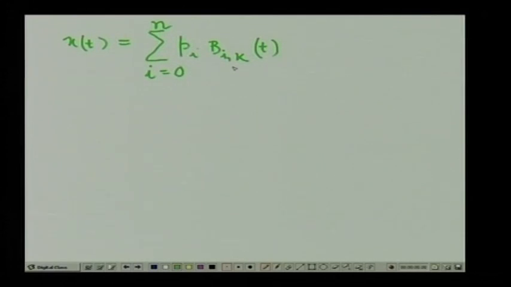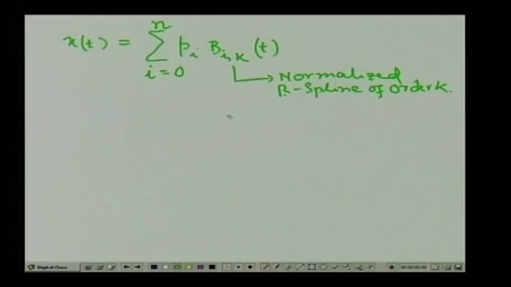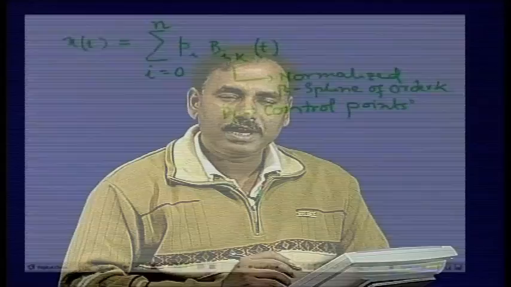So, these control points actually decide how the B-spline function should be guided to give you a smooth curve.